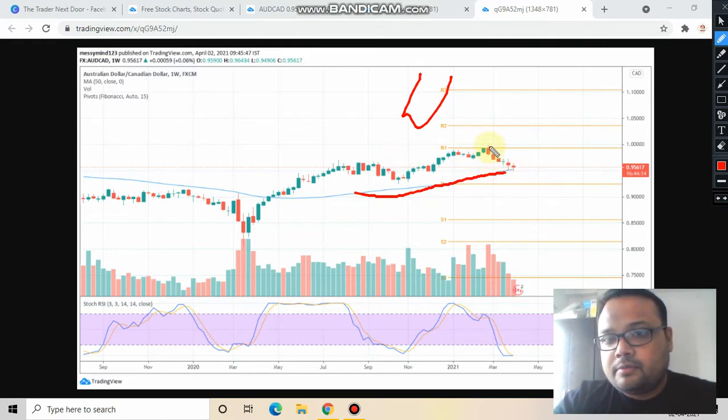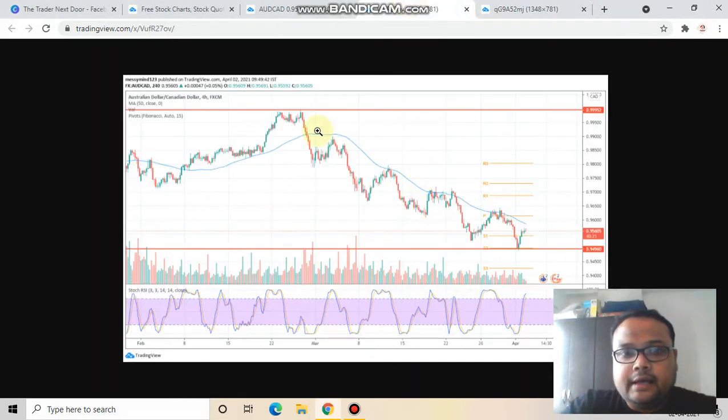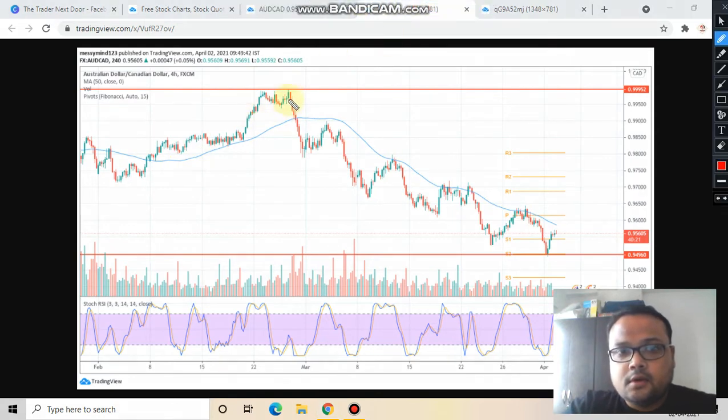From this point the market is coming down, and right now it is taking support at the 50 moving average in the weekly chart. This is the overall chart of the market. From this point, 9995, the market started coming down, and since then it is getting resistance from the 50 moving average.